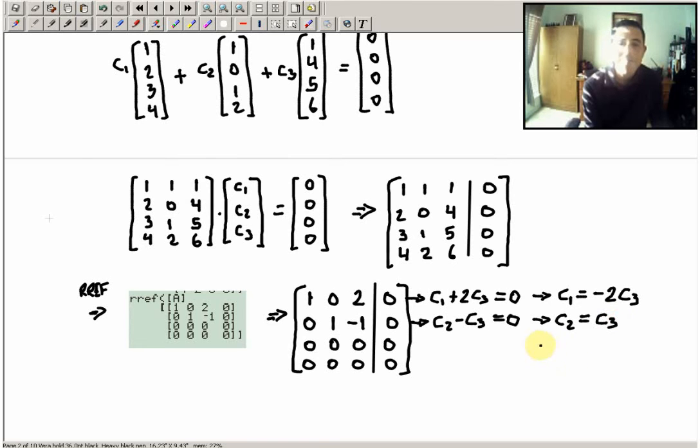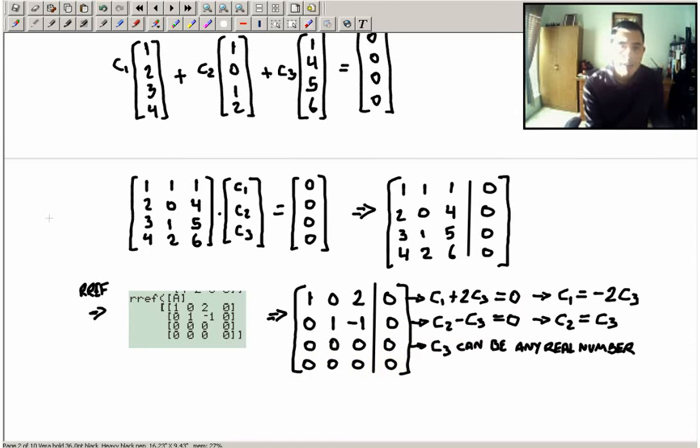Look at the third row. All zeros means there's no restriction, no impossibility, everything is fine. There's no 0 equals 1 or 5 equals 7, none of that. So the third row implies that C3 can be any real number. The last row doesn't mean anything. We don't have C4, we don't have a fourth variable there, so you just ignore it.